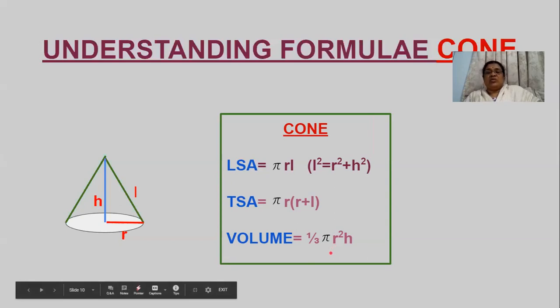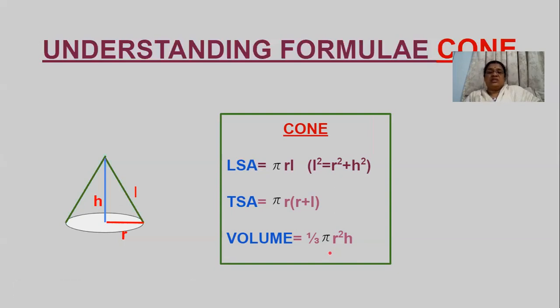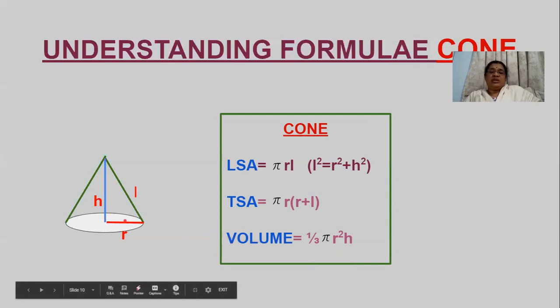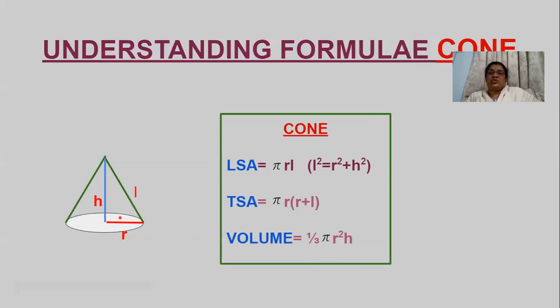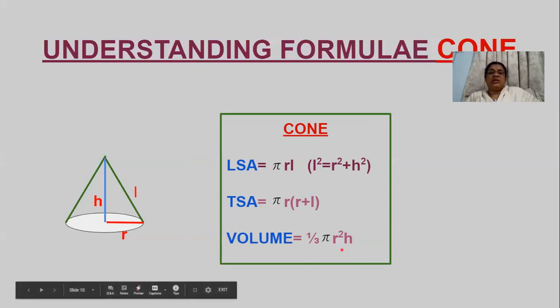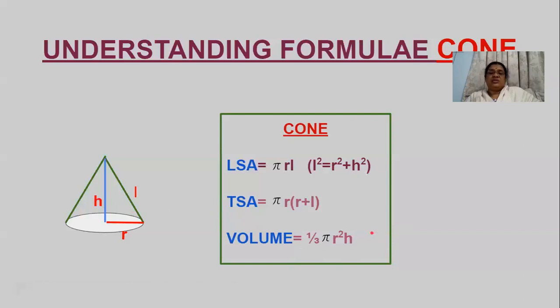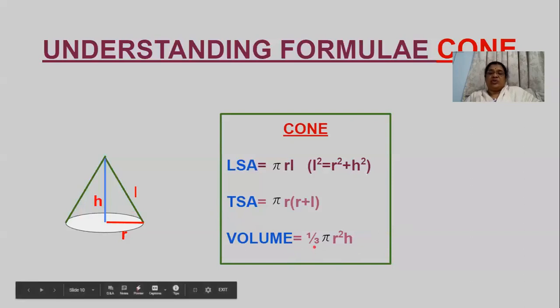When you fill water in this conical shape and pour this water 3 times into the cylinder, that cylinder will be filled. So this cone will be 1/3 of the volume of the cylinder.